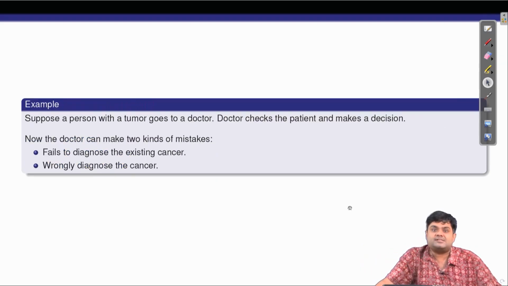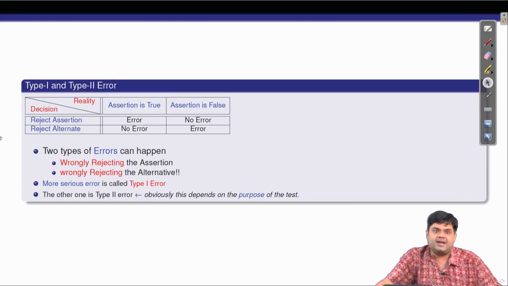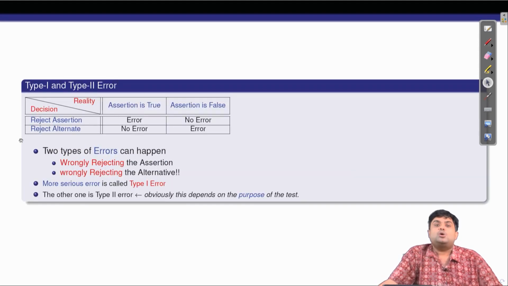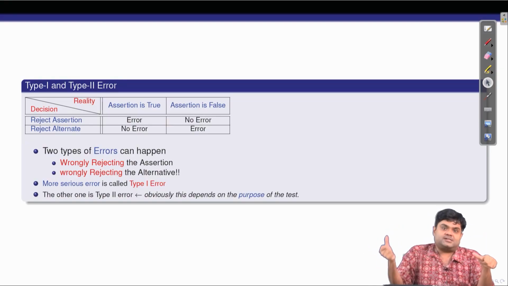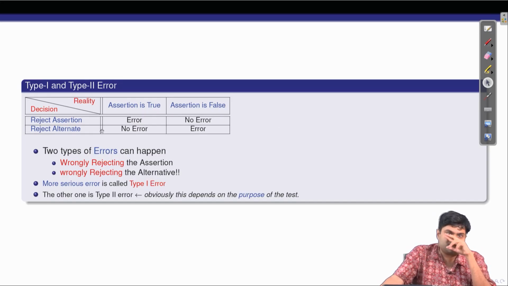So this brings us to the mathematical framework again, to the notion of type 1 error and type 2 error. You have an assertion and an alternate. If the assertion is true and you reject it, you make one kind of error, and if the assertion is false and you reject the alternate, then you make another kind of error.